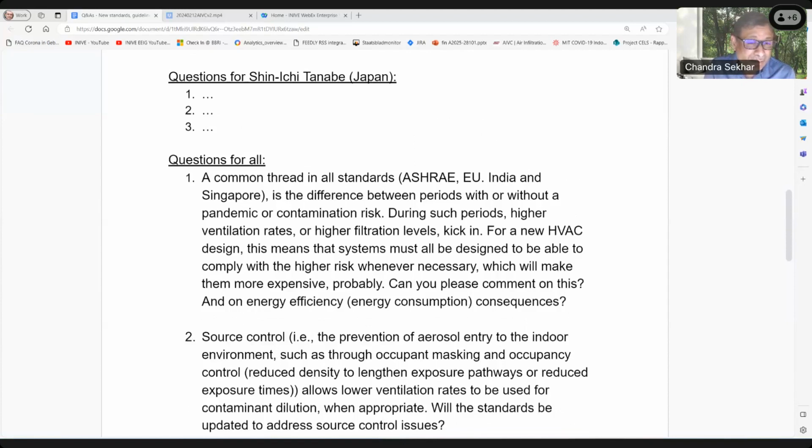And surely, I mean, there are energy implications, certainly for us in hot and humid climate, with very high energy penalty for outside air treatment. Hence, the whole notion of treating the recirculated air and bringing that part into the whole discussion about mitigating the transmission risk is an important part of it. And you've got to put in the requirements that will help us achieve that, which is enhanced filtration or disinfection or the other type.